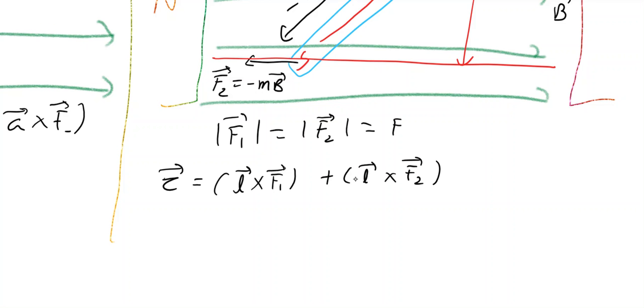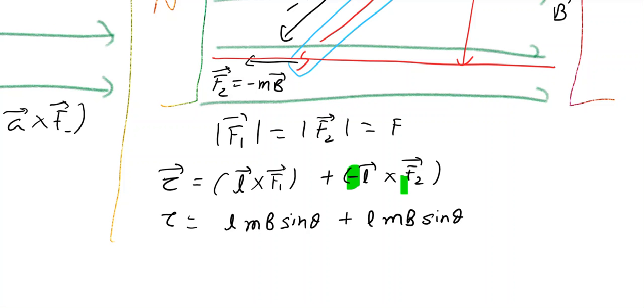Now in the second case the direction will be opposite, so we take minus L, and then we have L mB sine theta plus L mB sine theta. Corresponding to this negative sign we have the force value also negative, so ultimately we end up with a positive sign.